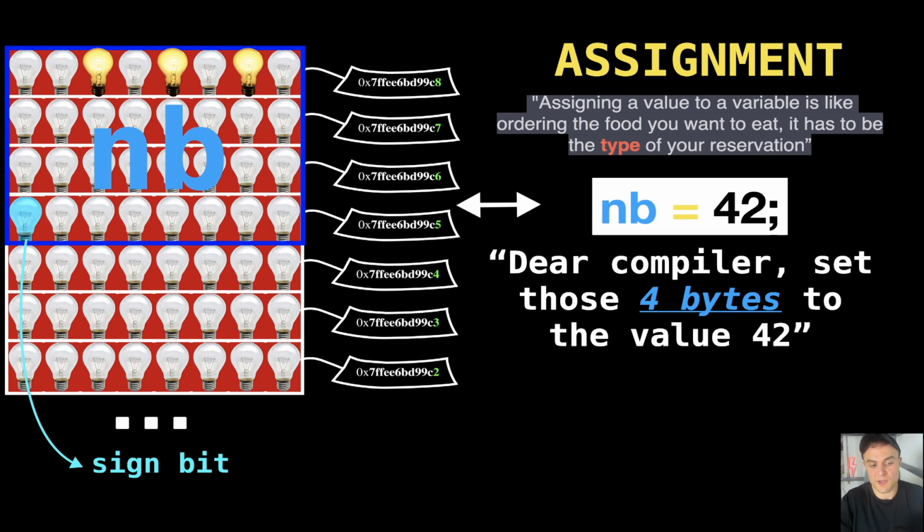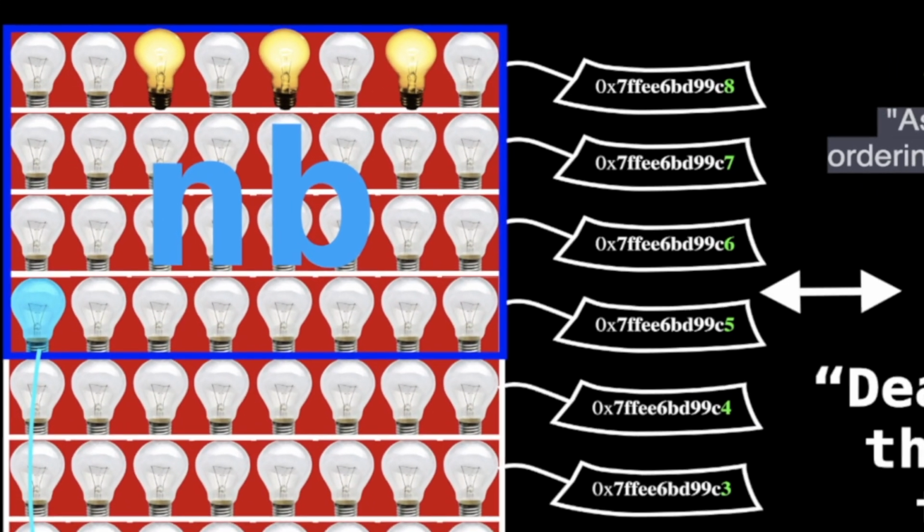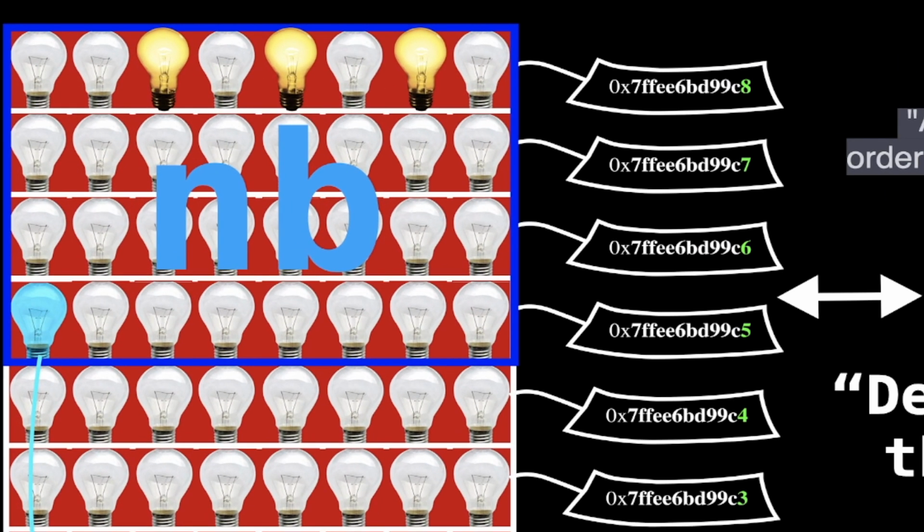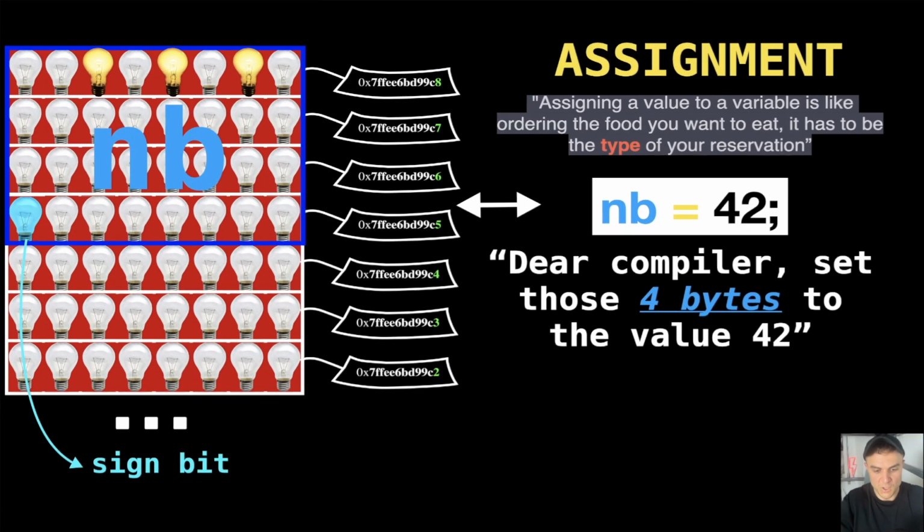What is happening? Well, very simply, you have the first byte, in this case the least significant one because the value is pretty low, that takes the value 42, of course in binary. So I have 101010. Okay, so the assignment is like saying, dear compiler, just set the variable I just told you to the value 42. Perfect. You know these things very well, I'm sure, so we can go on.